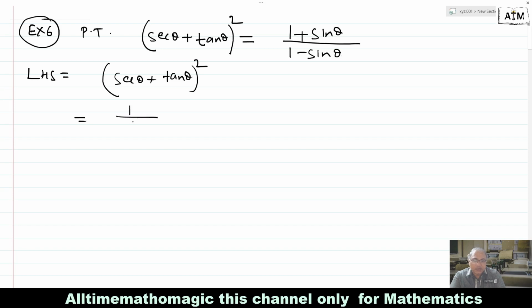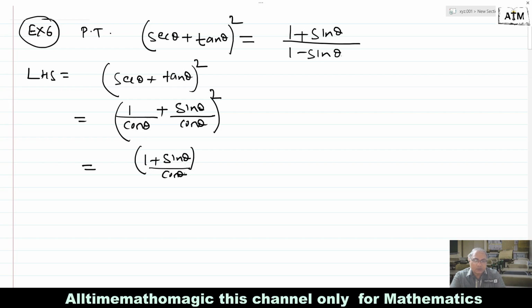Sec theta can be written as 1 upon cos theta and tan theta can be written as sin theta upon cos theta, whole square. This equals (1 plus sin theta) upon cos theta whole square.